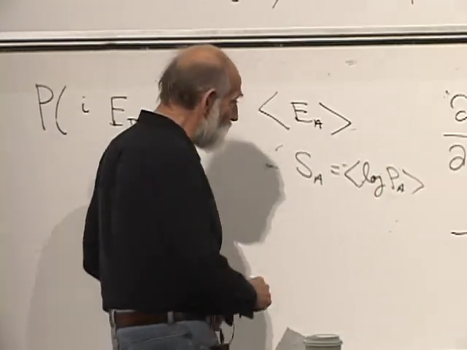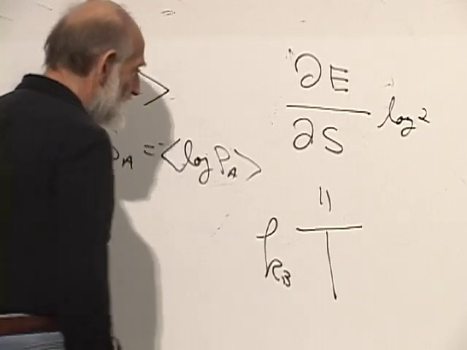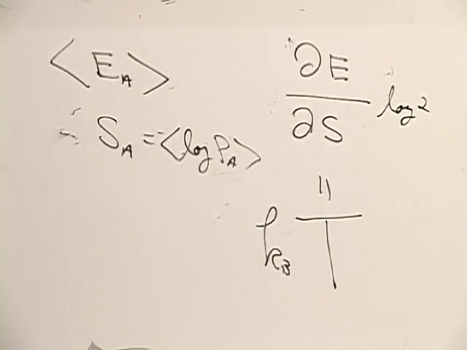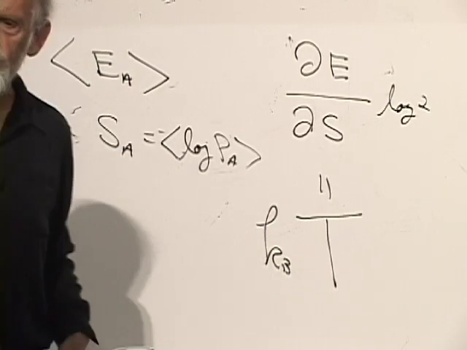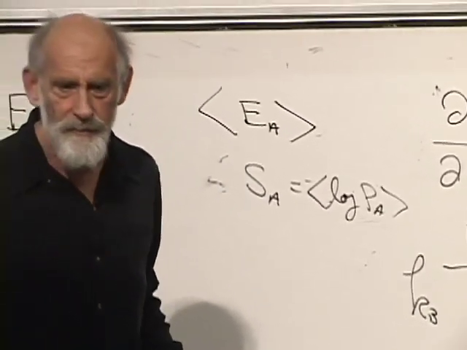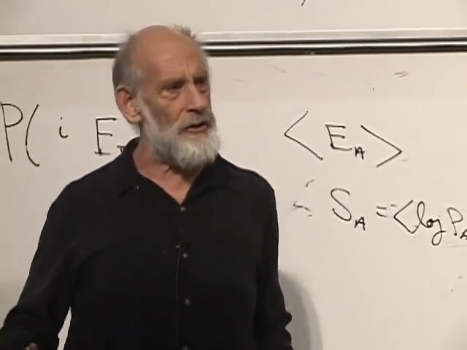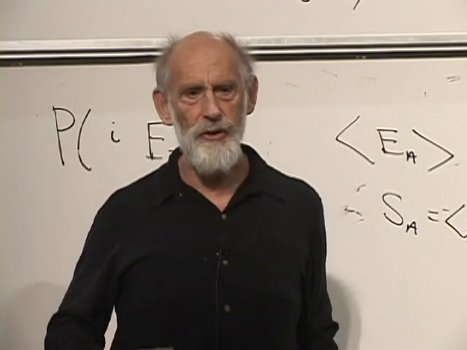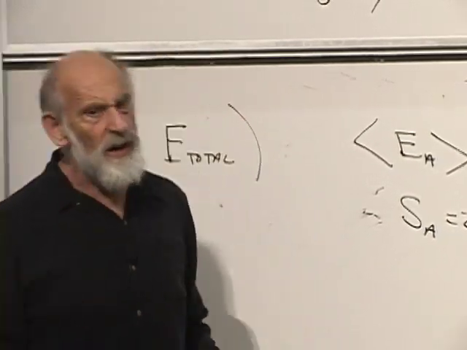And the answer is, strictly speaking, Boltzmann's constant goes here, KB. I'm inclined to work in units, just like when I do relativity, I work in units in which C is equal to 1. When I do thermodynamics and statistical mechanics, I always work in units in which the Boltzmann constant is equal to 1.